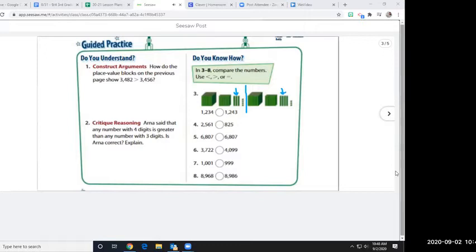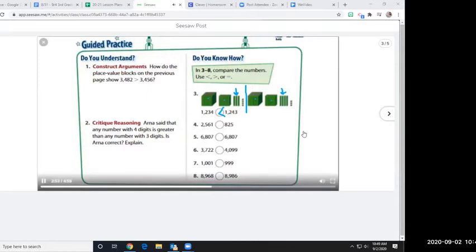Again, we always start with the largest to compare. Same, same, same, same. Right here we can see that the second number has at least one more 10 than the first number. So 1,234 is smaller than 1,243. All right, are there any questions on that problem and why we chose that symbol?